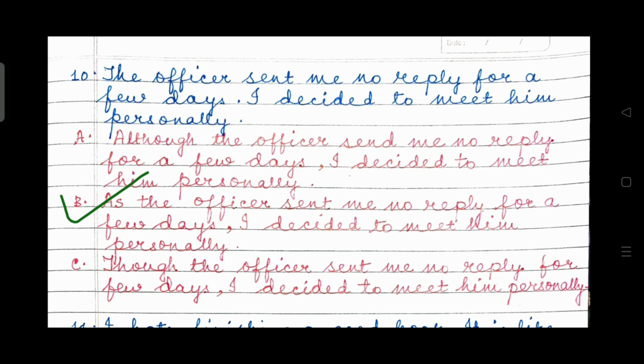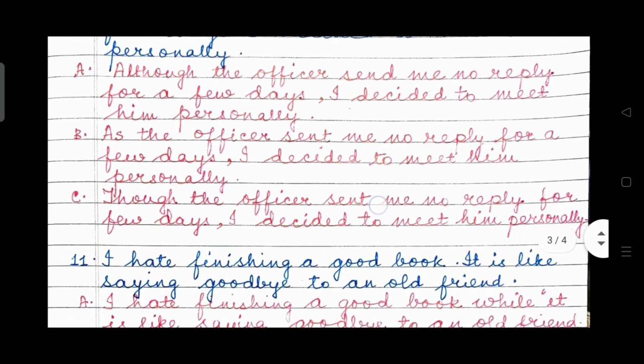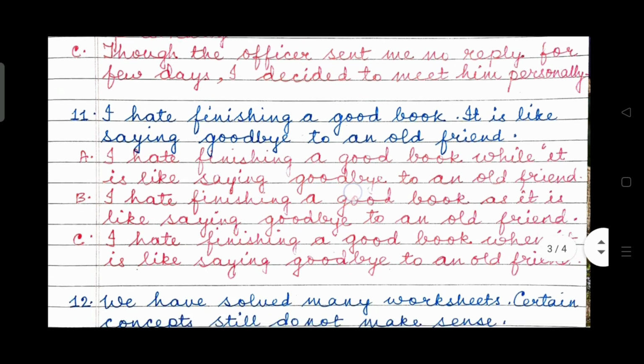Option A is incorrect because, see, "although the officer sent," and option C, "though the officer sent me no reply for few days." But in the question we have "for a few days." The meaning gets changed. Few, a few, the few. Again, your adjective rules. Back to the basics.